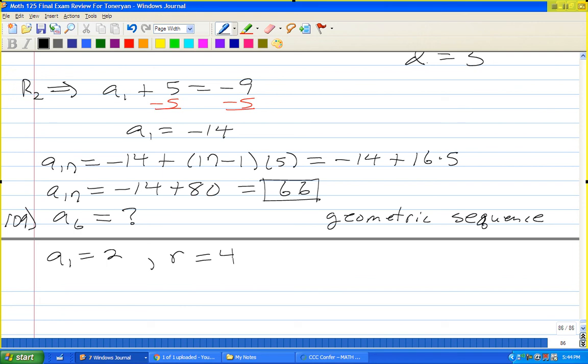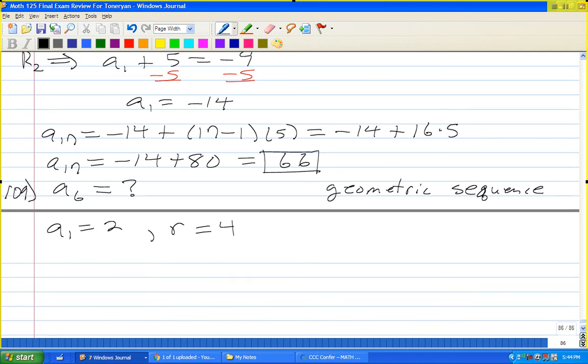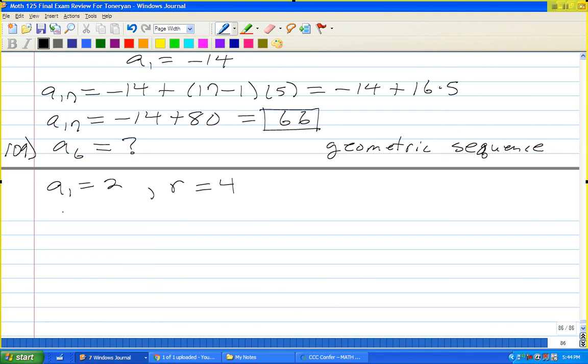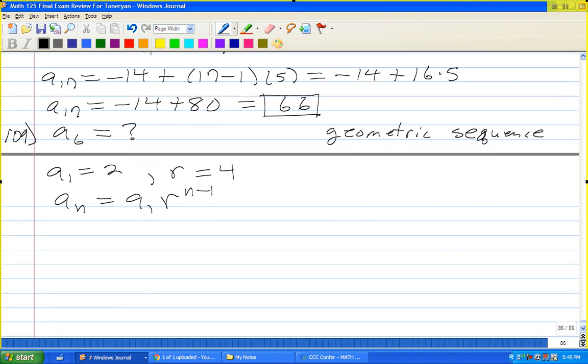Okay. And so I know that the general term for a geometric sequence is just a sub 1 r to the n minus 1.